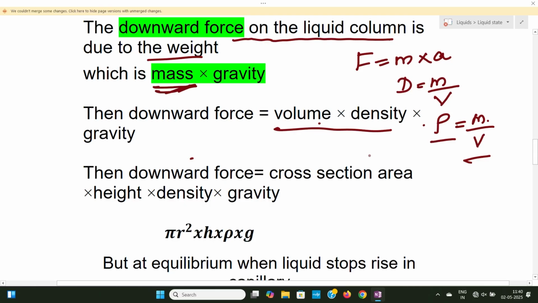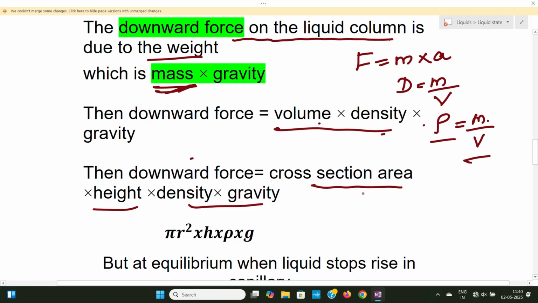Then volume is length into breadth into height. In the case of a circle, that is the cross-sectional area into height. The density and gravity remain the same.